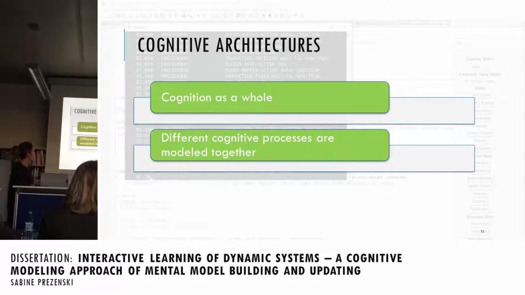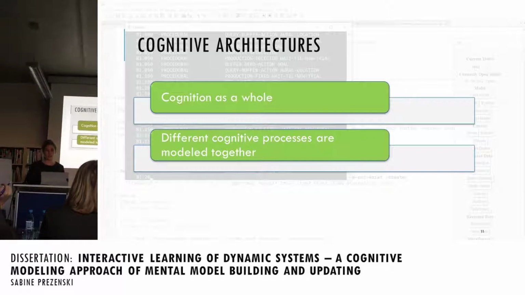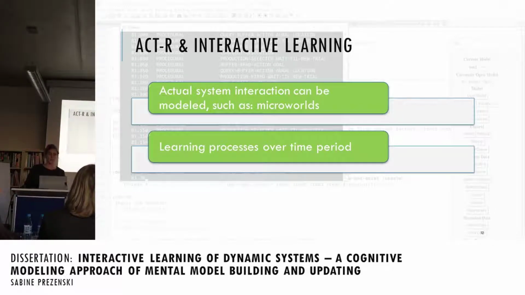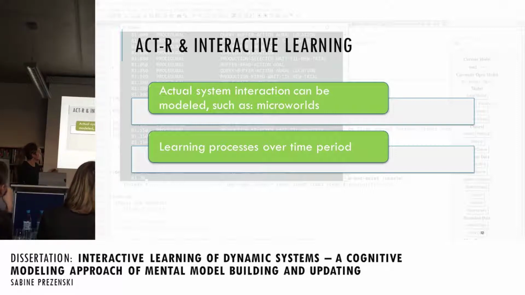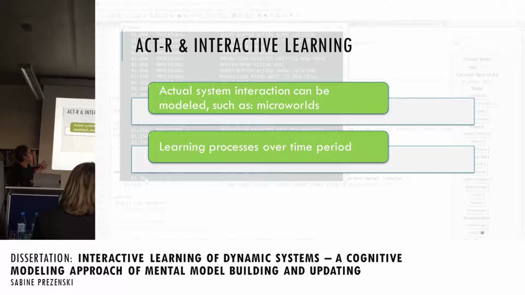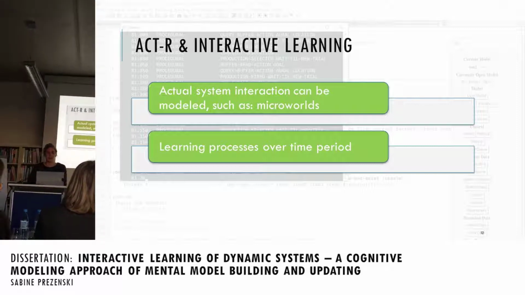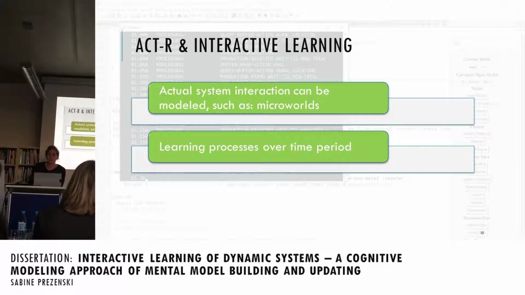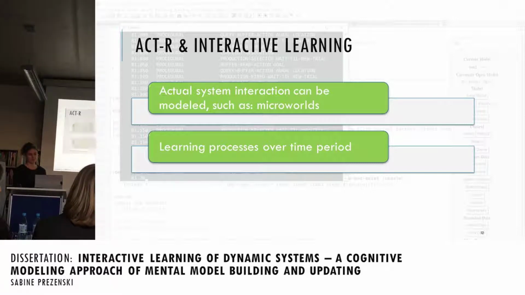Cognitive architectures model different cognitive processes together. And a cognitive architecture that is useful for modeling interactive learning is ACT-R, Adaptive Control of Thought-Rational. With ACT-R you can also model actual system interaction. There are ACT-R modeling approaches for microworlds, and ACT-R is very good for modeling learning processes over time periods.